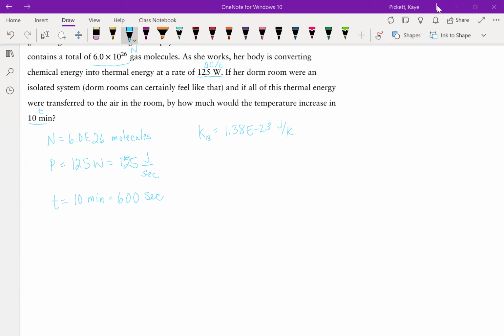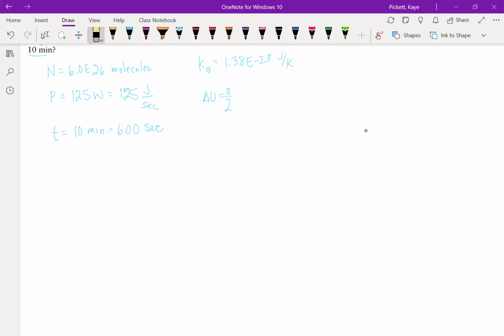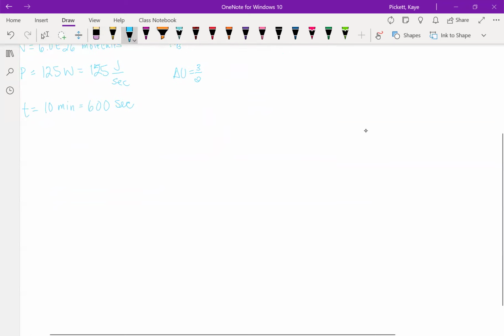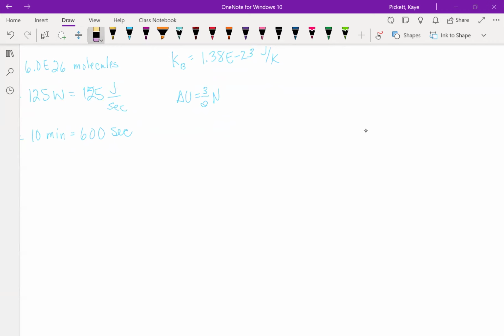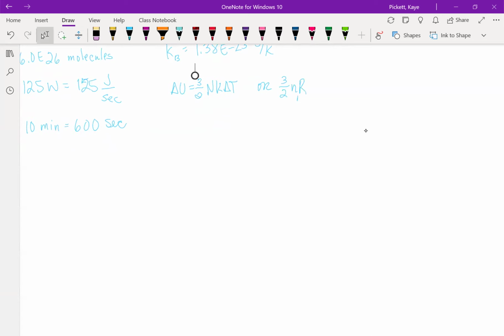Our equation sheet says that we have delta U is equal to 3/2 N k delta T. All right, this is the same thing as 3/2 little n R T, which we derived both of those equations in the lesson.